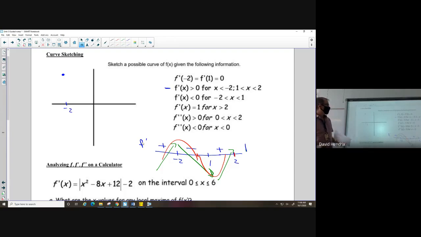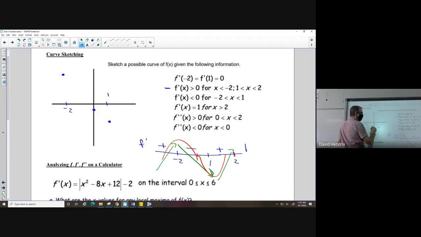What do we know is going to happen at 0? Since the concavity changes, it's a point of inflection, okay? I also know there's going to be a minimum at 1, so I put 1 right here. Again, we're sketching graphs, not drawing them exactly. And then I'll put my point of inflection maybe right there. That seems reasonable.